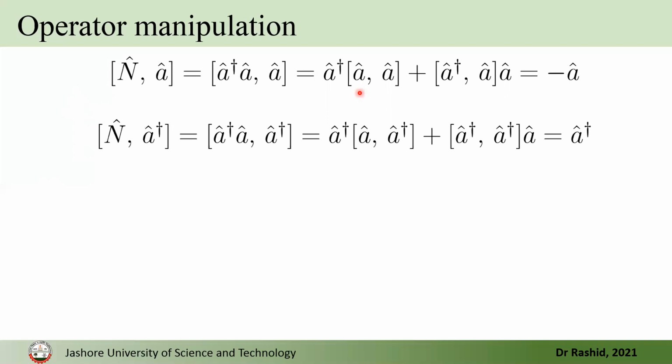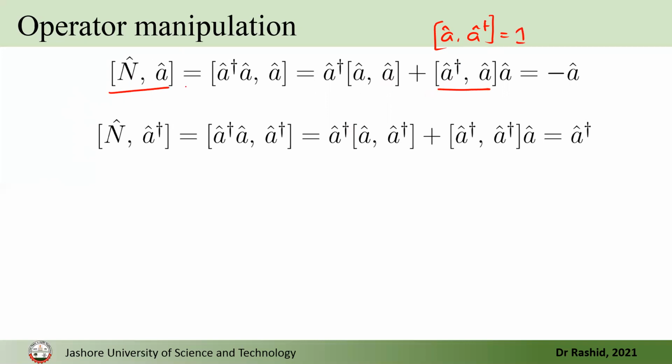Now we can see that A hat and A hat commute, so this should be 0. And we also know that the commutator of A hat and A hat dagger is equal to 1. So this would be minus 1.